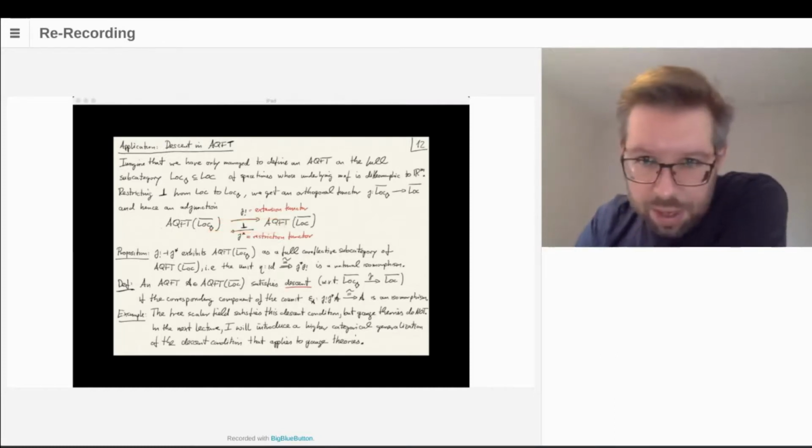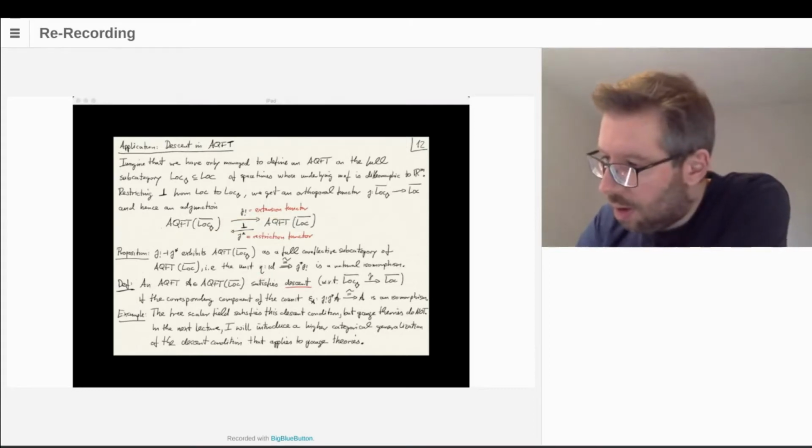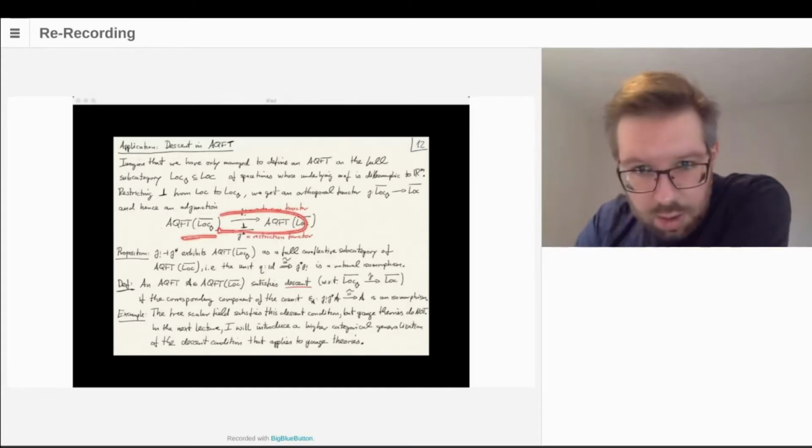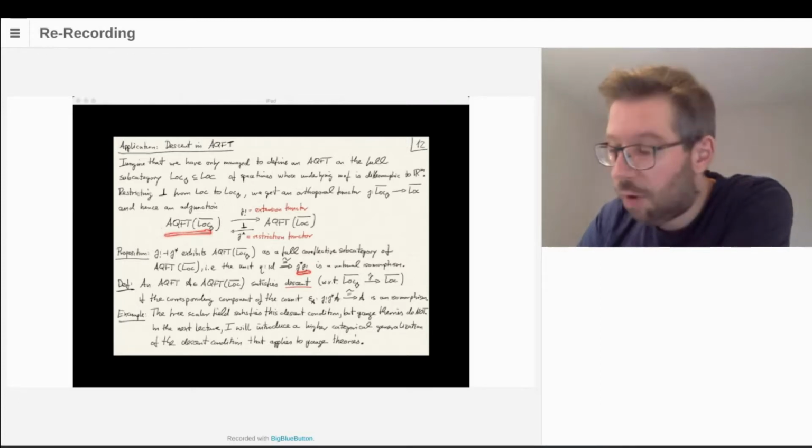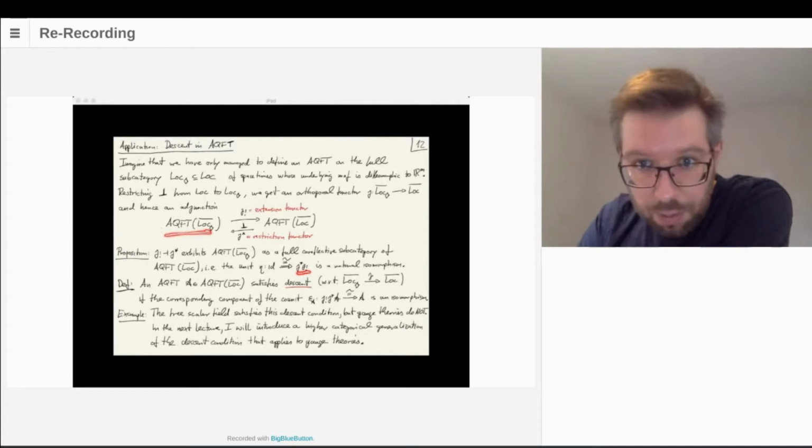Now, what does it mean, this being a natural isomorphism? It means that if you take a theory defined on diamond spacetimes and you extend it and then you restrict it again, you get something out which is isomorphic in a natural way to your input.